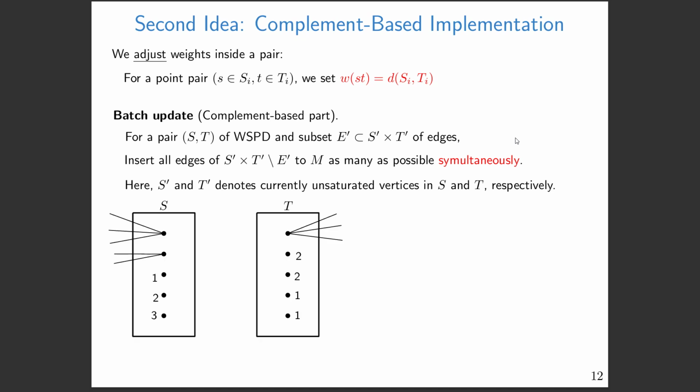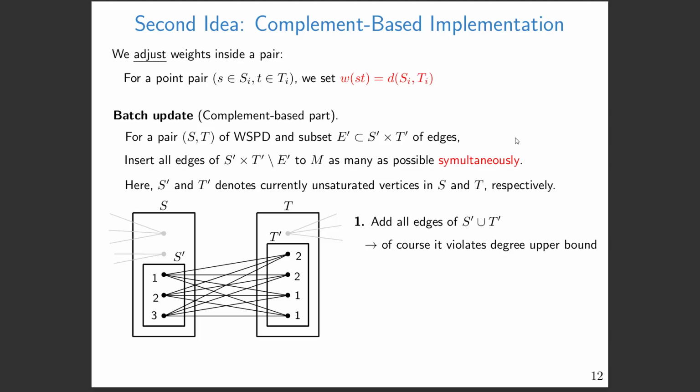So this works as follows. Given a pair S and T, some vertices may be saturated and some may be unsaturated. We are interested in the unsaturated ones, S prime and T prime. As a first step, we add all edges of the S prime T prime biclick simultaneously.